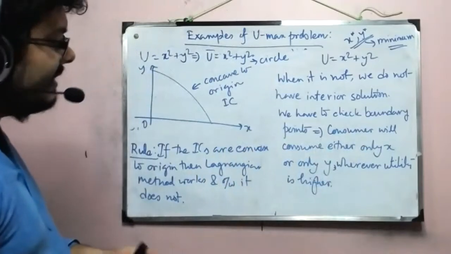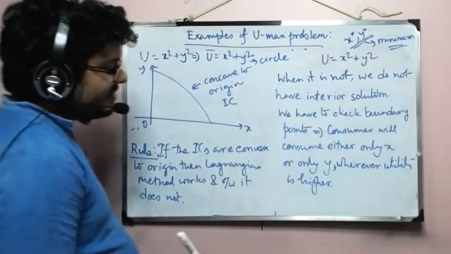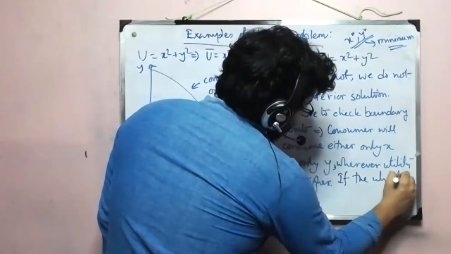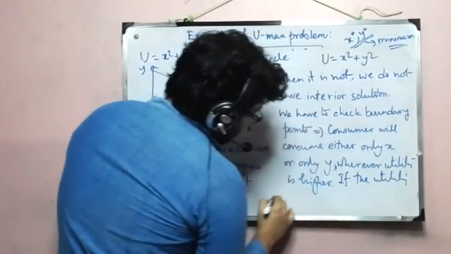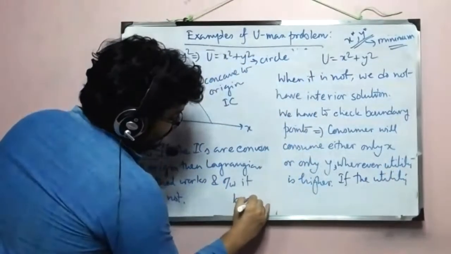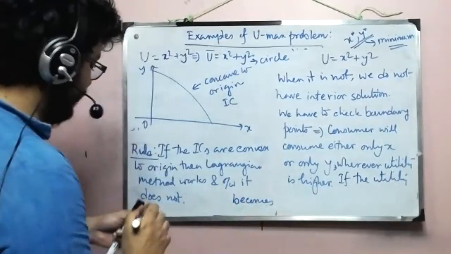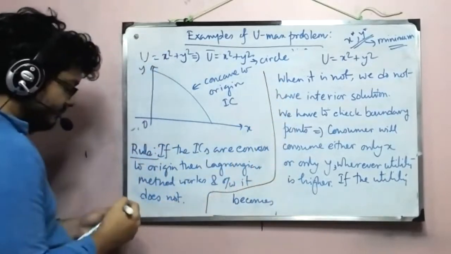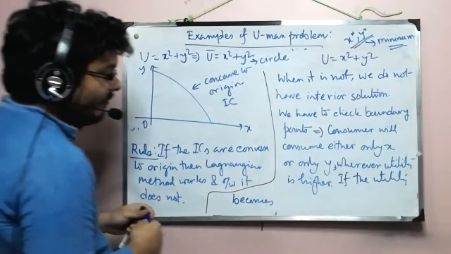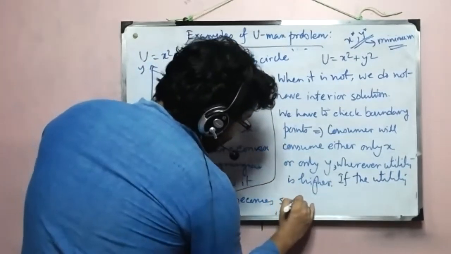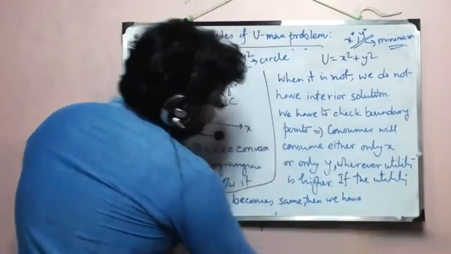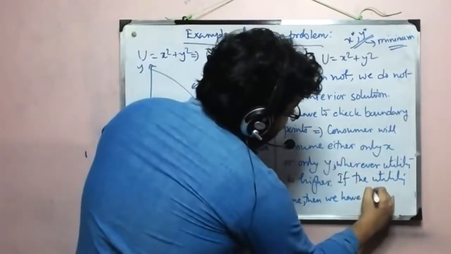Now, there is a third possibility. What is the third possibility? It is this: if the utility becomes the same, then we have multiple equilibria.